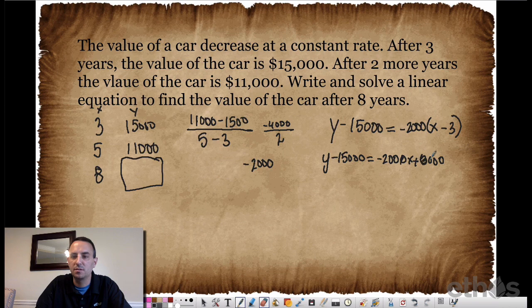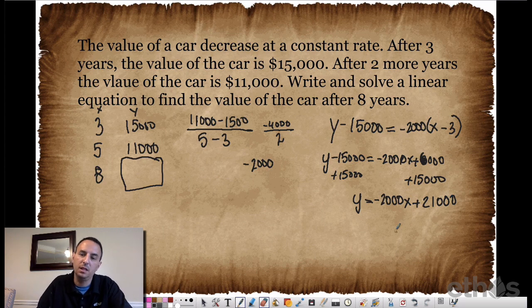Oh, sorry, 6,000. So we're going to add 15,000. So y is equal to negative 2,000 x plus $21,000. So that's how much the car would have cost at the beginning.